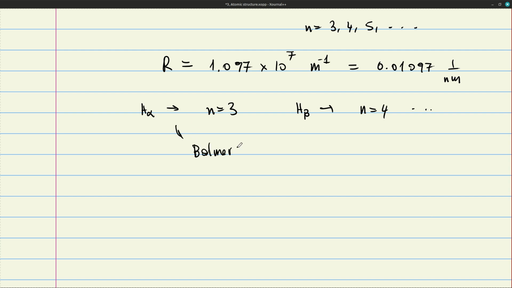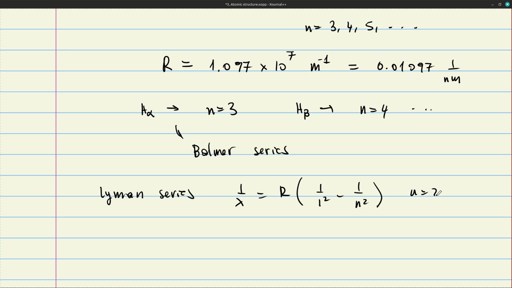And later there were other emissions that were not visible. For example, there was the Lyman series, where 1 over lambda is equal to R times (1 over 1 squared minus 1 over n squared), and n is equal to 2, 3, 4, and so on.